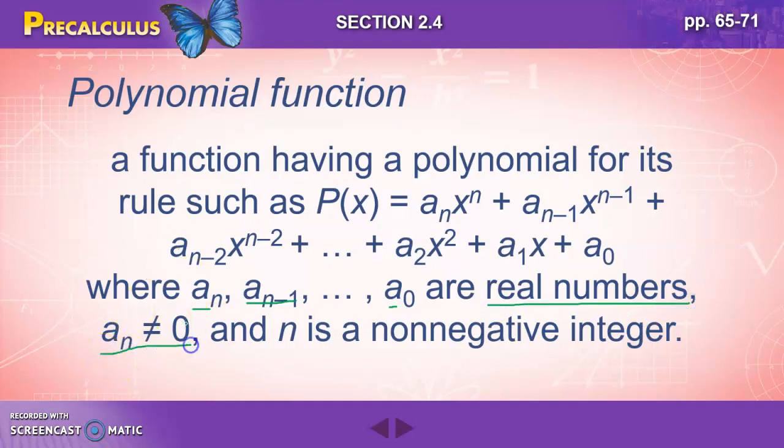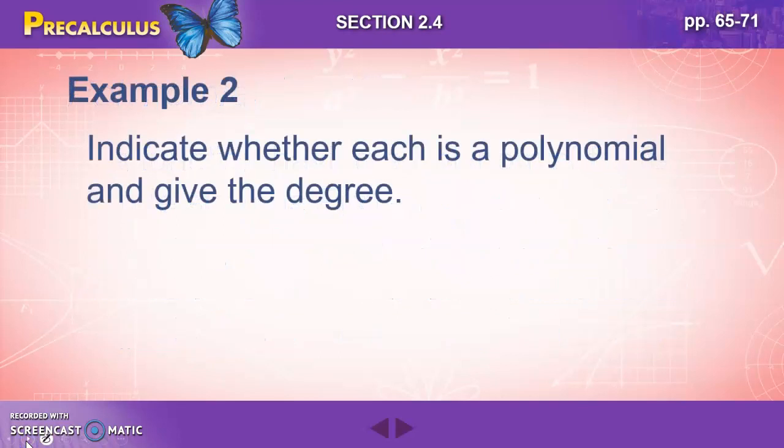And the leading coefficient is not 0, and n is a non-negative integer. So we can't have ax to the negative 5, for example. We cannot have negative integers as exponents and still be a polynomial function. So let's take a look at these three, see if you can tell me if they are polynomial functions and what their degrees are.